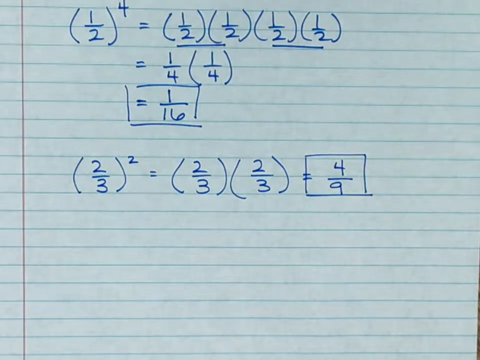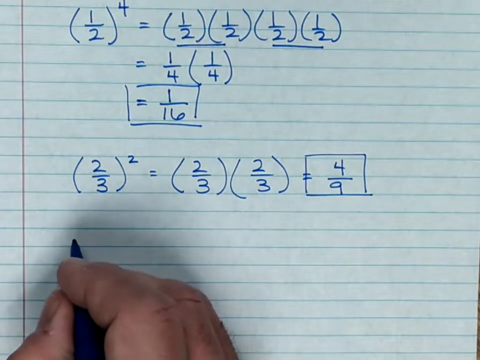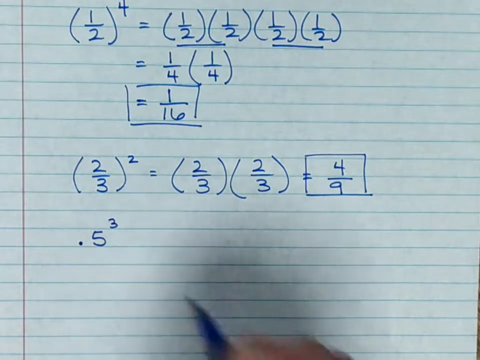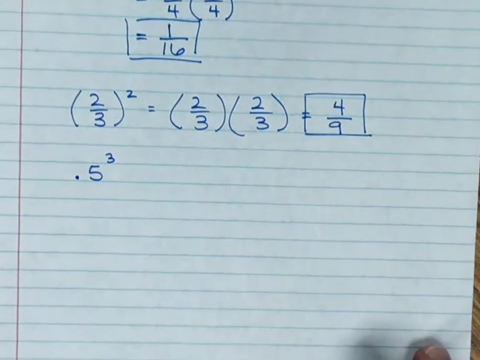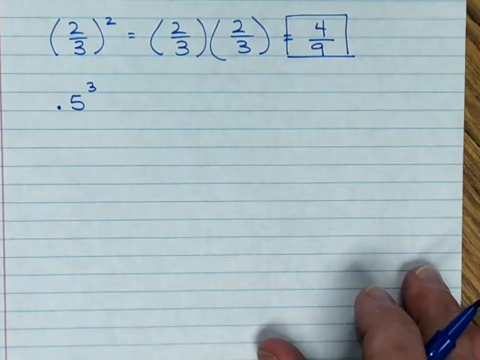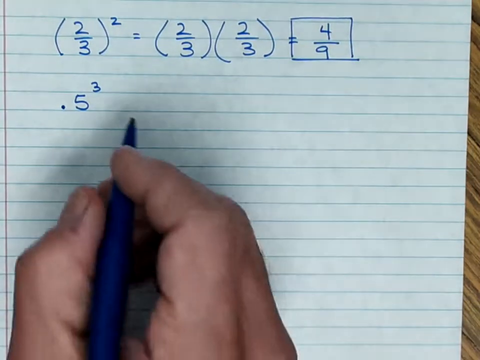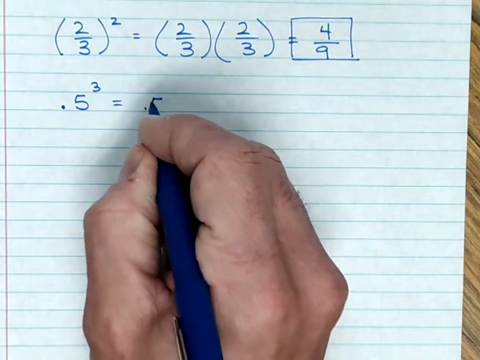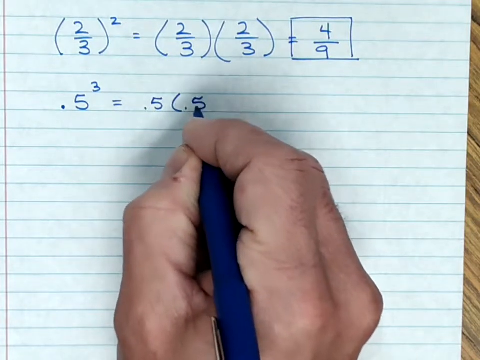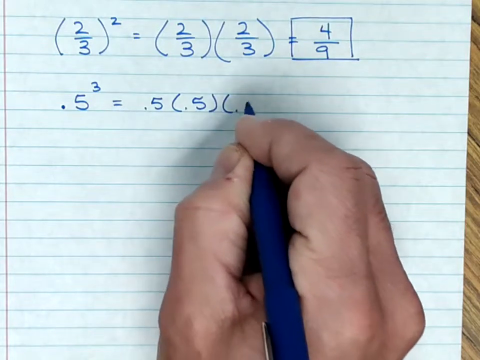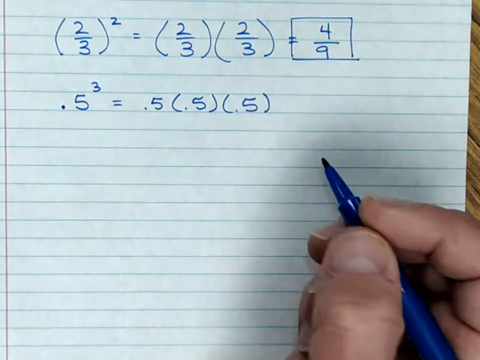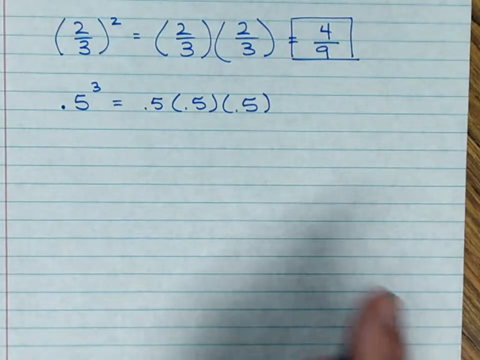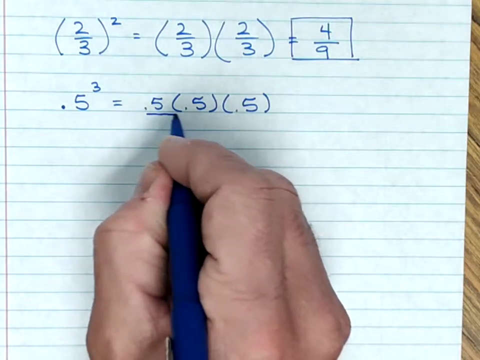Now we'll try a decimal. Half cubed. Now when it comes to decimals, you're going to have to probably put a little bit more effort into this. So this is half times half times half. And you're going to actually have to start doing some multiplication. So let's do half times half.